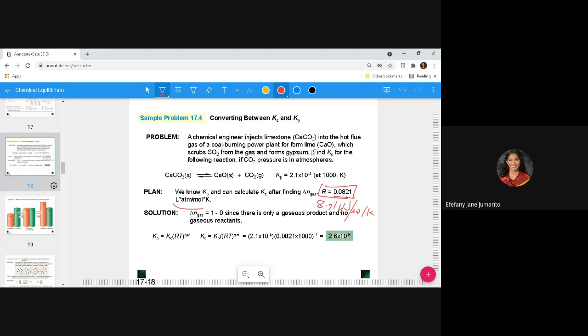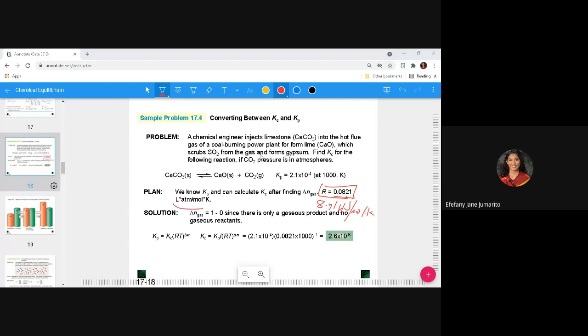Okay, so we have here a problem: a chemical engineer injects limestone, calcium carbonate, into the hot flue gas of a coal-burning power plant to form lime, calcium oxide, which scrubs SO2 from the gas and forms gypsum.